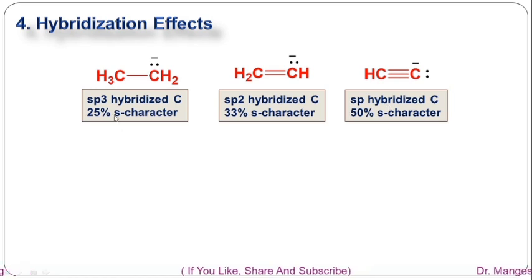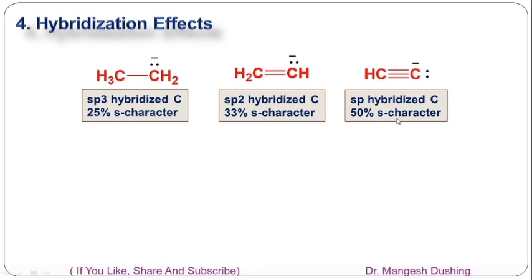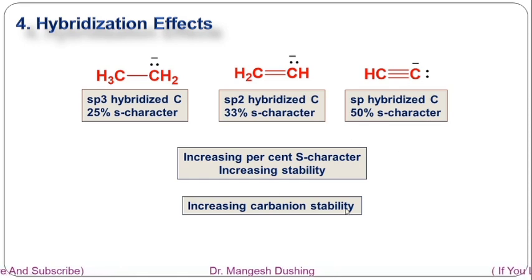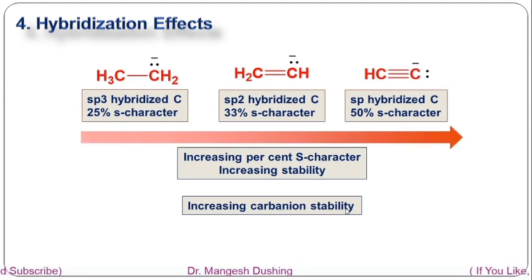If you compare the s character, the first contains 25% s character, the second 33%, and 50% s character in the case of acetylene. So increasing the percent of s character increases the stability of conjugate ions. So the acetylide anion is more stable as the s percentage is more. So acidity from left to right goes on increasing.